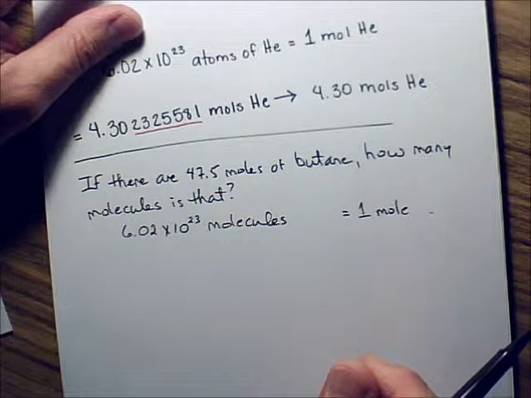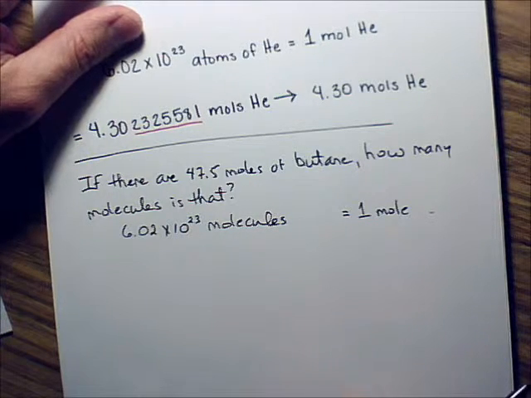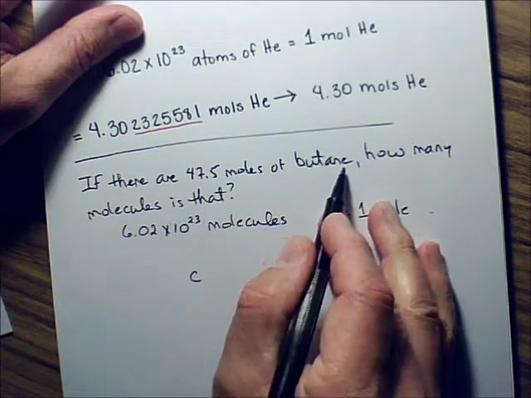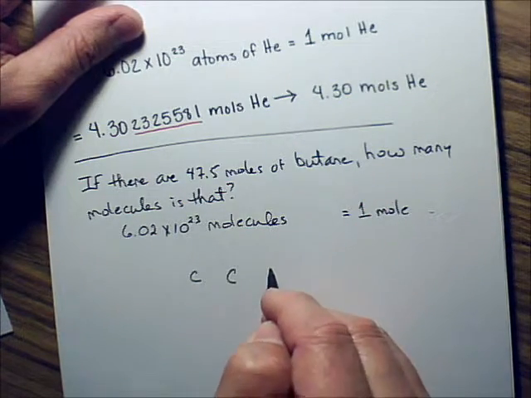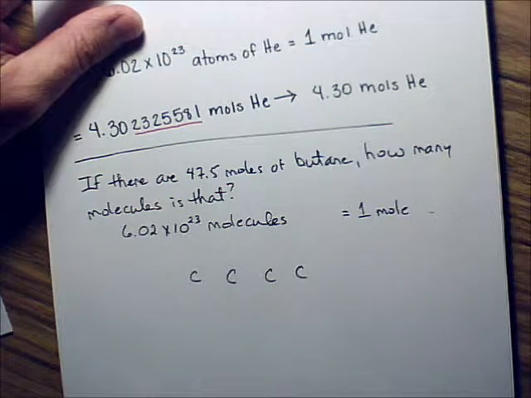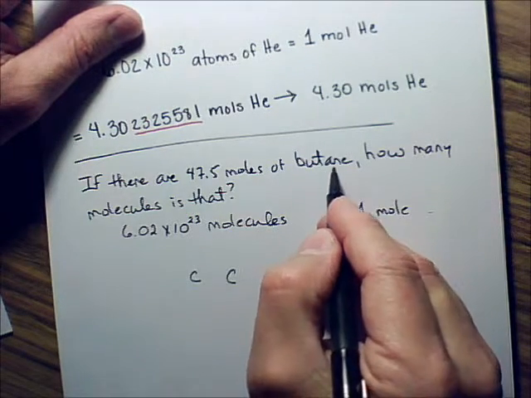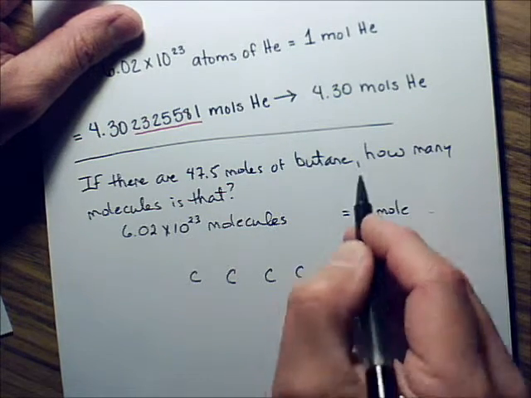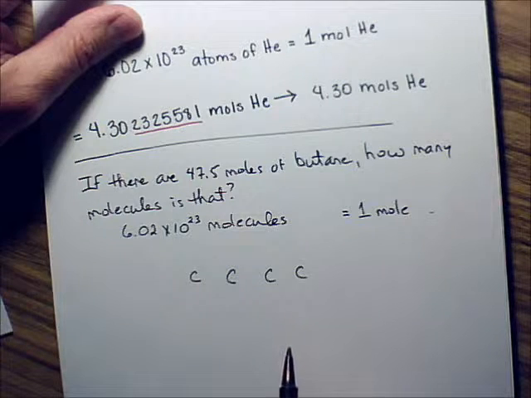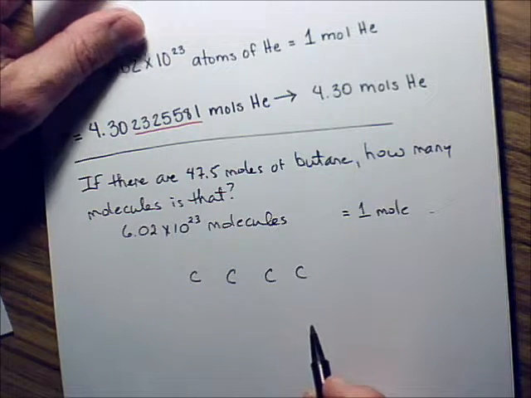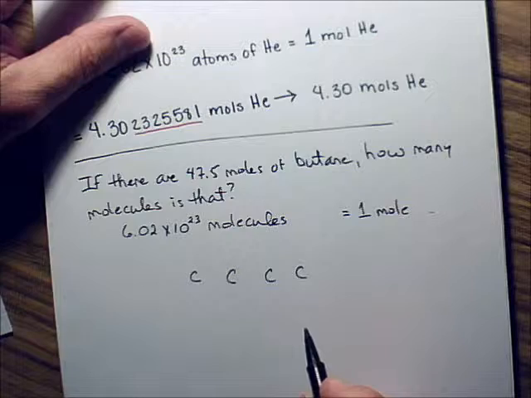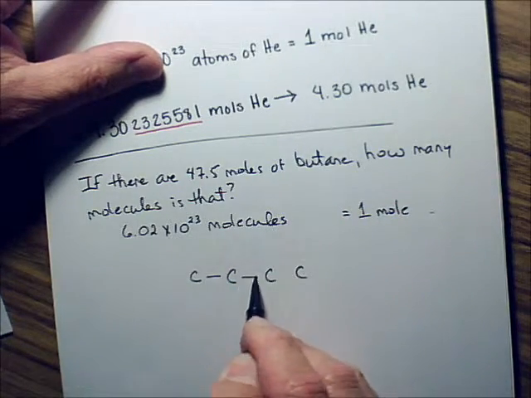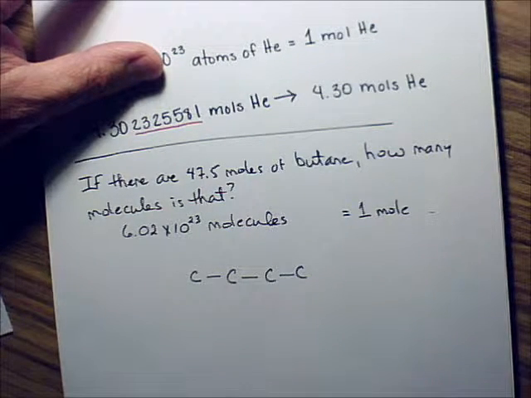The prefix is but, that means 4 carbons. What does the ANE suffix tell you? Well, there will be hydrogens attached. But what the ANE tells you is there are nothing but single bonds between the carbons. Okay? Nothing but single bonds between the carbons.